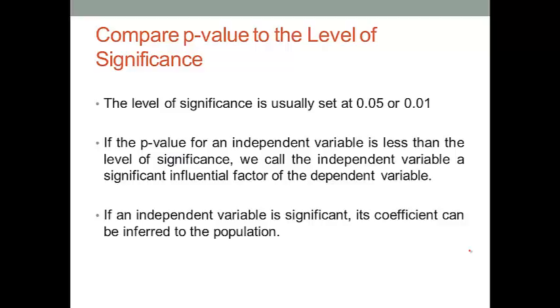If you use 1 minus 95%, you will have 5%. That 5% is called the level of significance. After you establish your level of significance, you want to read the data report. You want to compare the p-value from the data report to the level of significance.